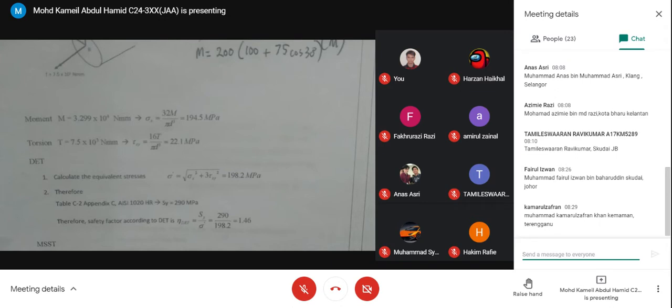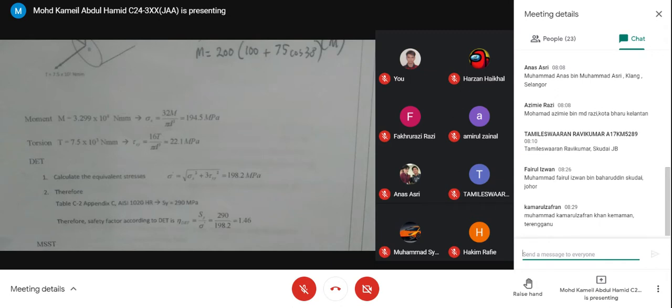Sigma x value and tau xy are already available, so just get your sigma prime. Sigma prime is 198.2 megapascal.